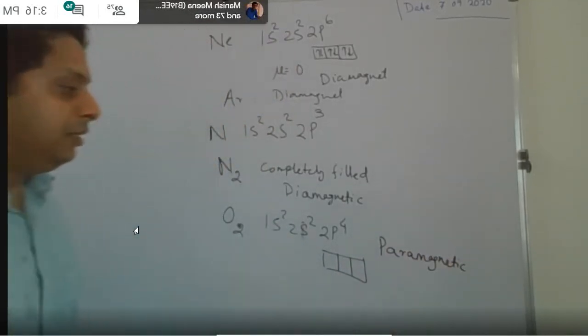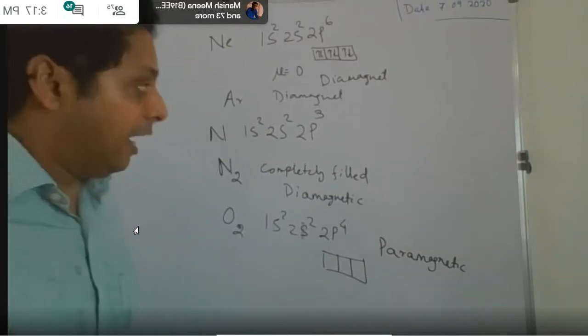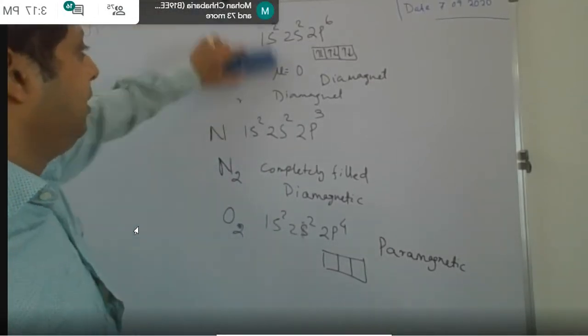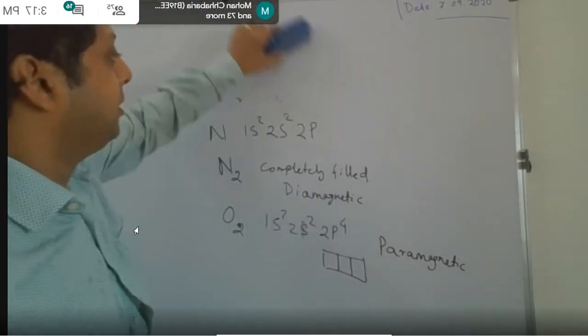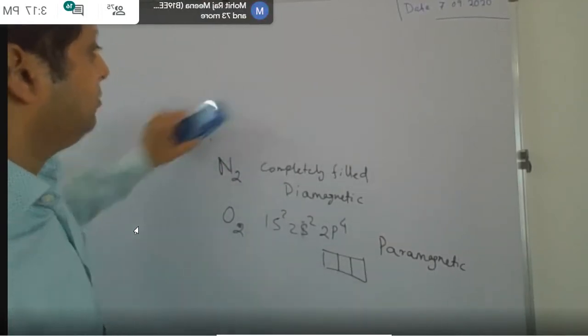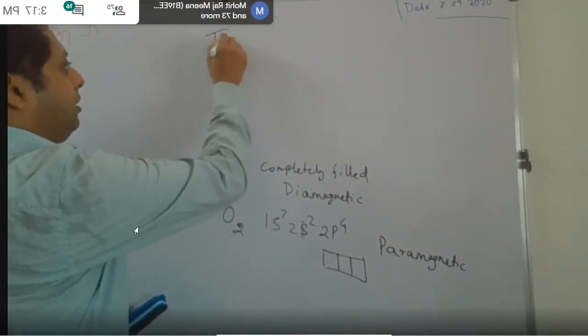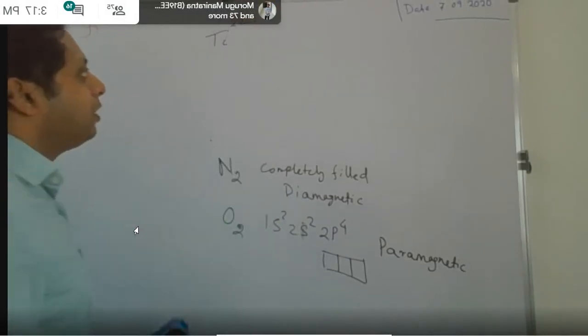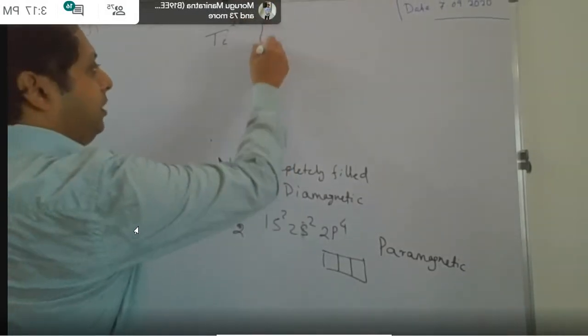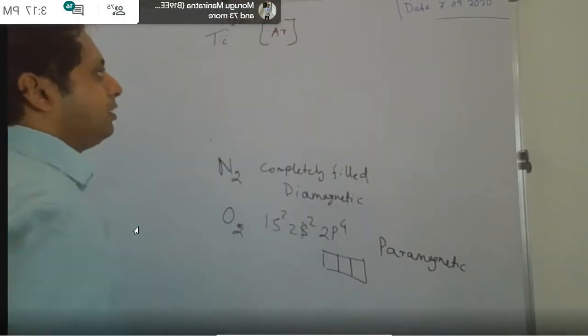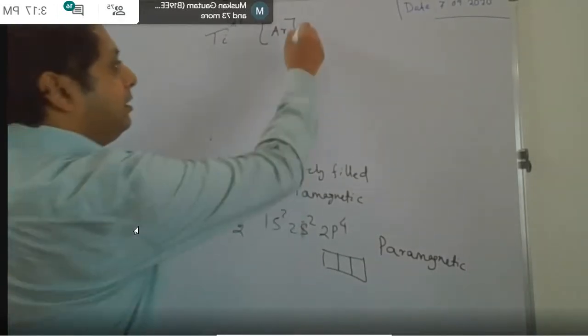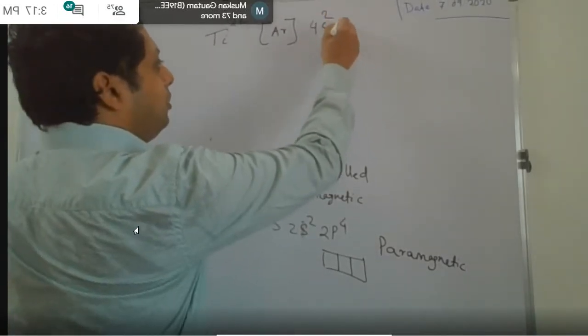Okay. So let's take an example of, let's say, titanium. Titanium is 22. So here it will be filled up to argon, and then it is 4s2 3d2.